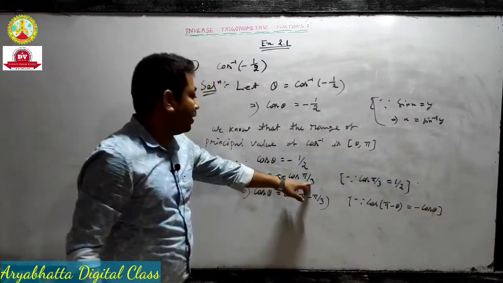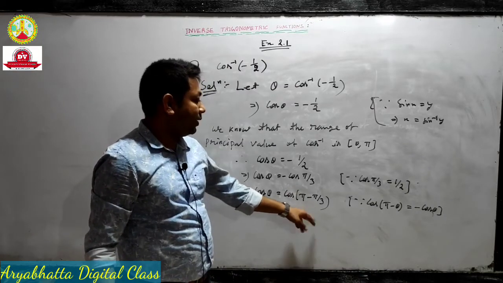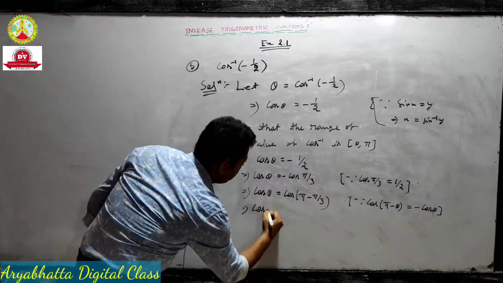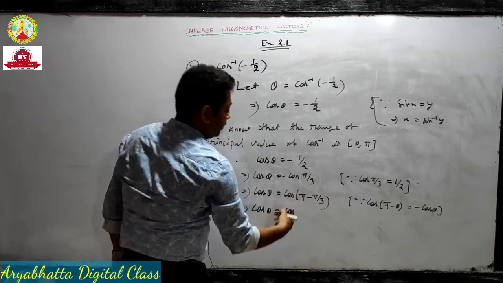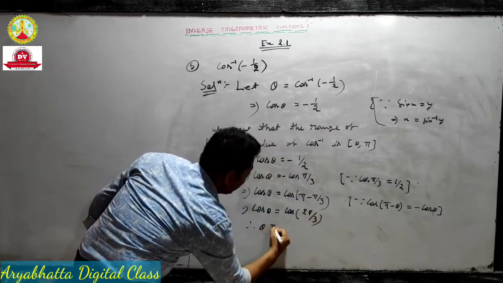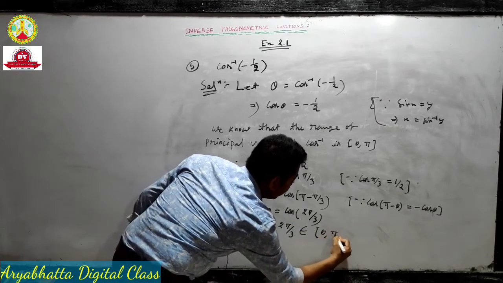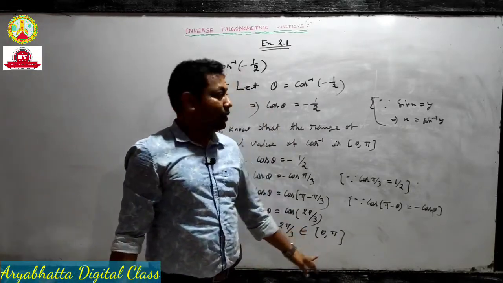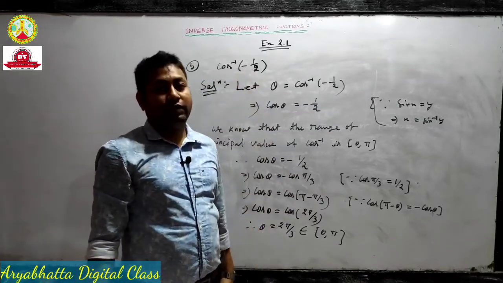Therefore, cos theta equal to cos 2 pi by 3. Therefore, theta equal to 2 pi by 3, which belongs to the closed interval 0 comma pi. Therefore, the principal value of cos inverse minus 1 by 2 is equal to 2 pi by 3.